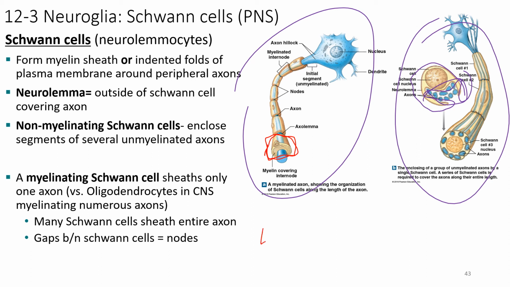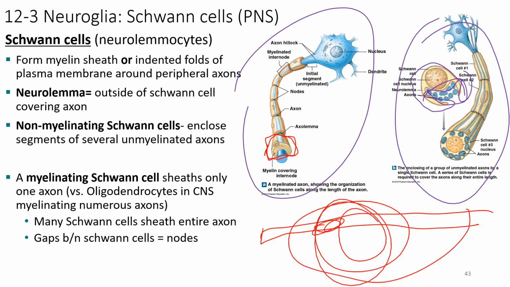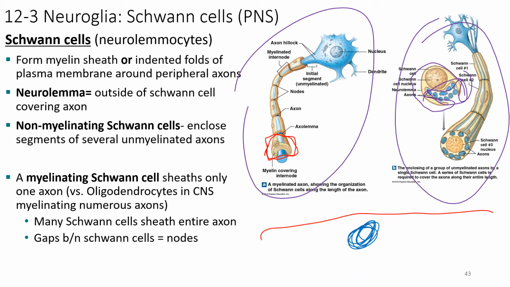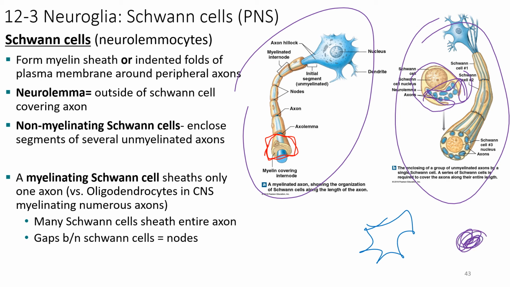So basically that Schwann cell just flattens itself out really thin, and then it's going to fold itself around and around and around that axon in the center. And that's different than those oligodendrocytes that we saw, which remember the oligodendrocyte had its cell body, right? Here's an axon, here's an axon.